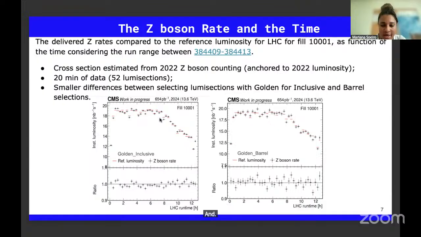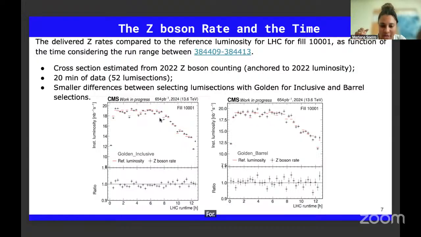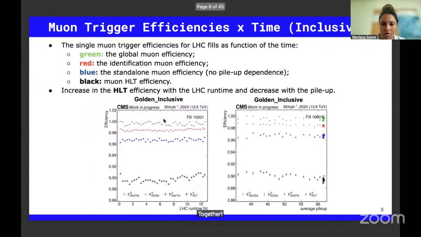And for the next slides, I don't present the difference between both. Basically, we present the inclusive part, considering barrel and endcap together.